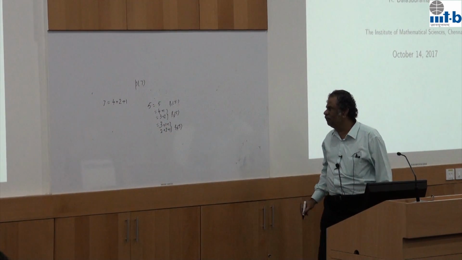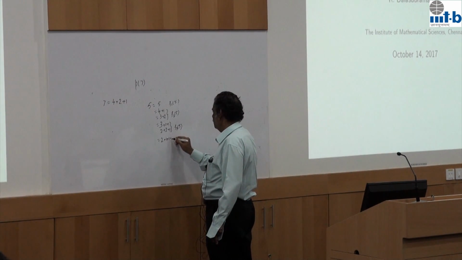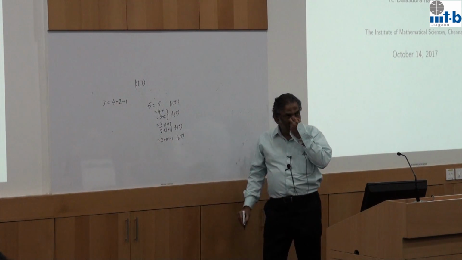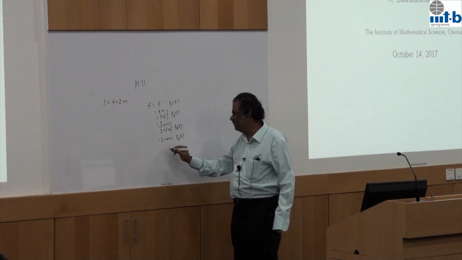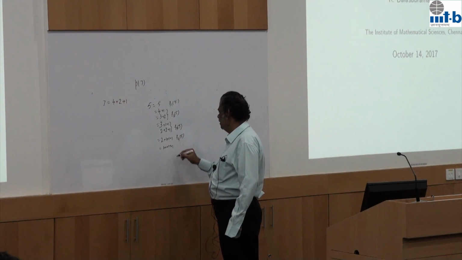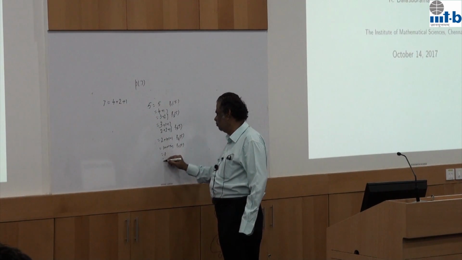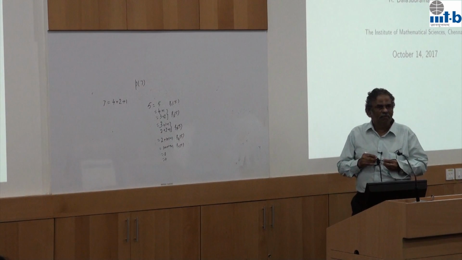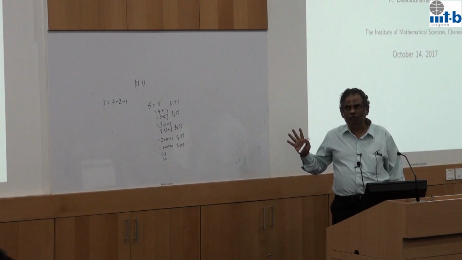That's the only way you can write 5 as a sum of 4 elements. And this is the only way 5 can be written as a sum of 5 elements, and then everything else will become 0. Therefore, F_i of 7, you can just write all those things individually.